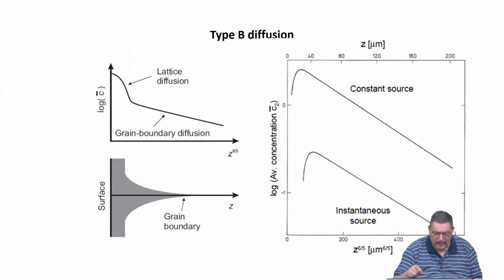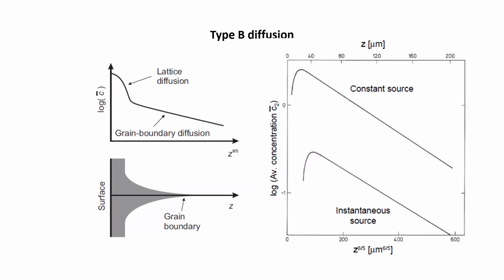If we are again in this complex type B diffusion regime, the good thing is that we don't need to worry about the amount of tracer we applied, because this is also something which you have to worry about in the experiments. If you apply less tracer, it will be completely consumed during the diffusion experiment, so you have an instantaneous or thin film source solution of your diffusion equation. If you apply a little bit more, it might not be consumed, so it's like a constant source.